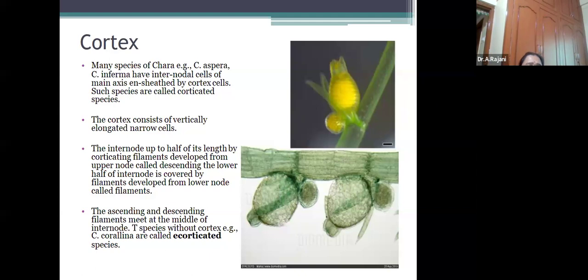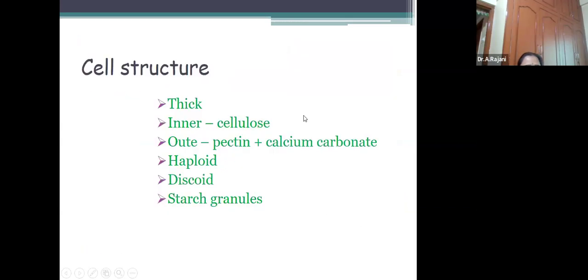This is called the descending layer of the internode. The filaments developed from the lower surface are ascending. These ascending and descending filaments form a T shape. This is the T shape.